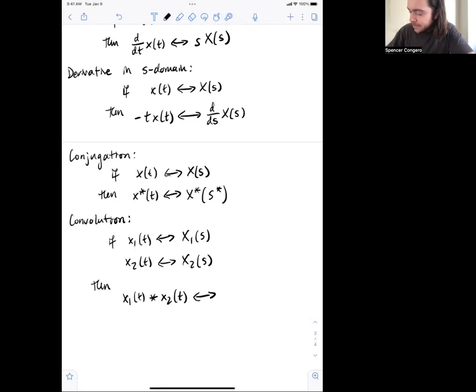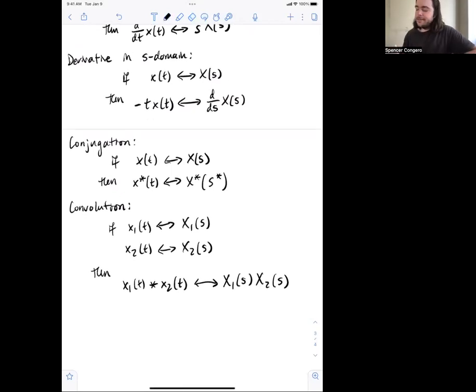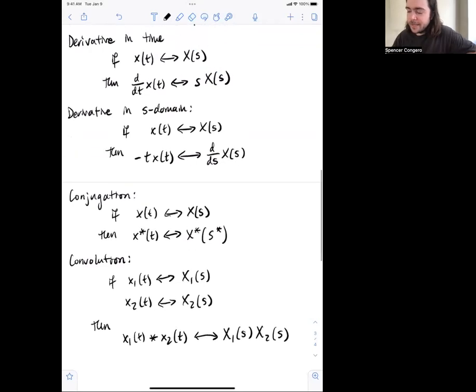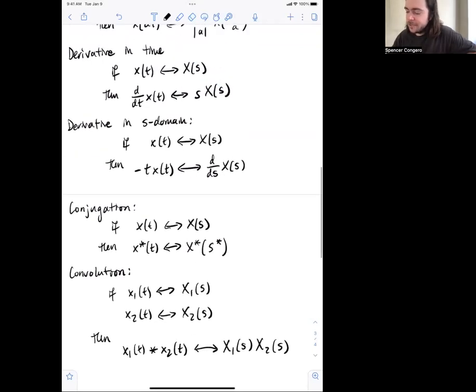Convolution in time is multiplication in the s domain, just like for Fourier. Of course there are more properties I'm not mentioning here, but this is a good amount to get you started. And they're used just in the same way as Fourier properties, so it should feel pretty natural.